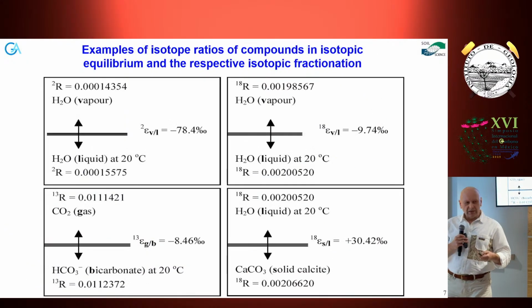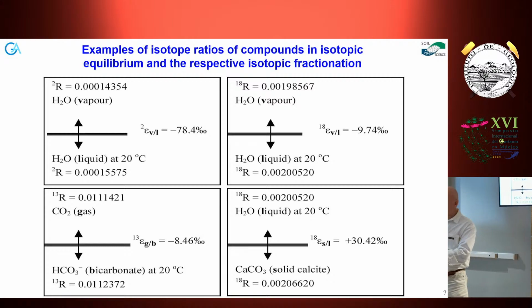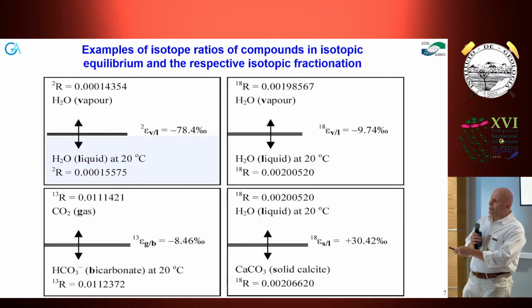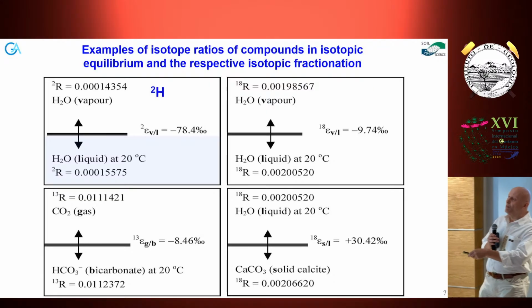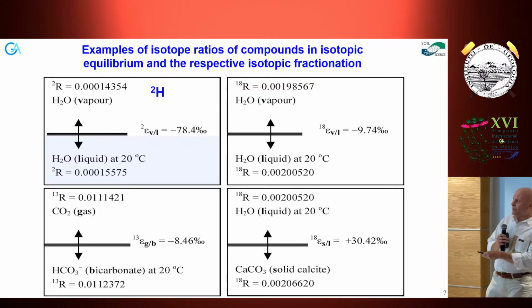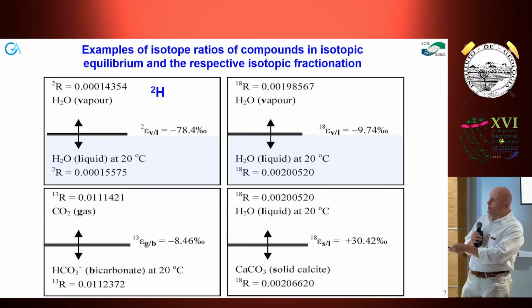And the results of this are also very well known and used. For example, if water is evaporated, then in the vapor there is less of the heavier deuterium, so that in water there are more heavier compounds. It is similar, for example, in water and O18.